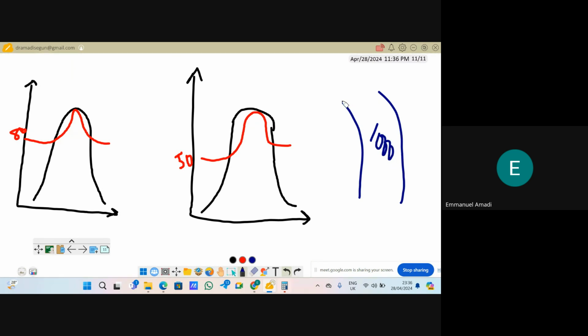Now, at the end of this systole, this valve is supposed to close and it holds this 1,000 mils of blood. But because it is regurgitant, you have this valve leaking. Because this valve is leaking, let's say 200 mils of blood will definitely leak out. And at the end of the day, you now have 800 mils of blood. 800 will not give you the same pressure as 1,000. So the pressure drops.